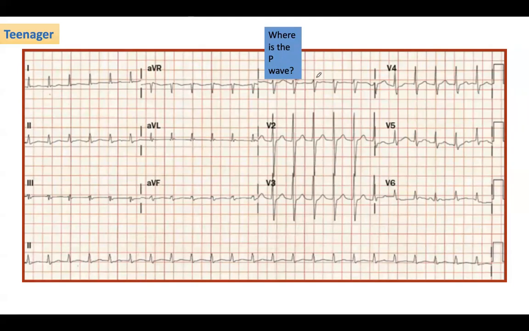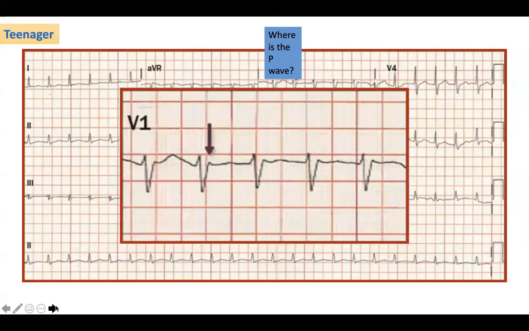You zoom in on V1, because V1 is a good lead to look at for P waves. You see there's this bump at the end of the QRS. You wonder whether it's a P wave or just part of the QRS. You don't know. Anyways, you want to give adenosine because you want to terminate the tachycardia, because it's most likely SVT with AV node involvement.